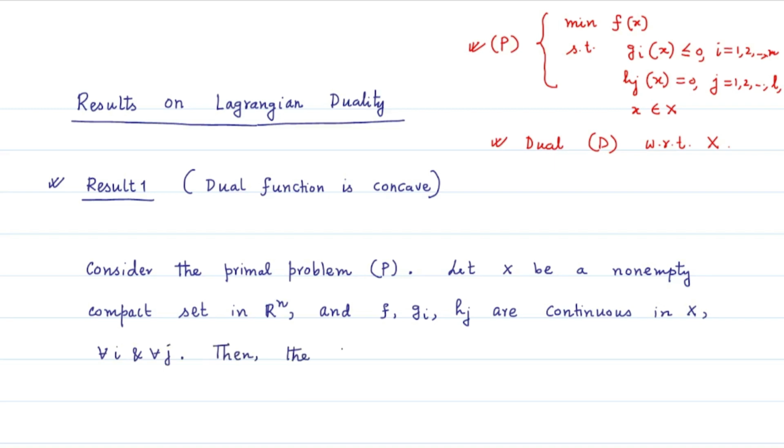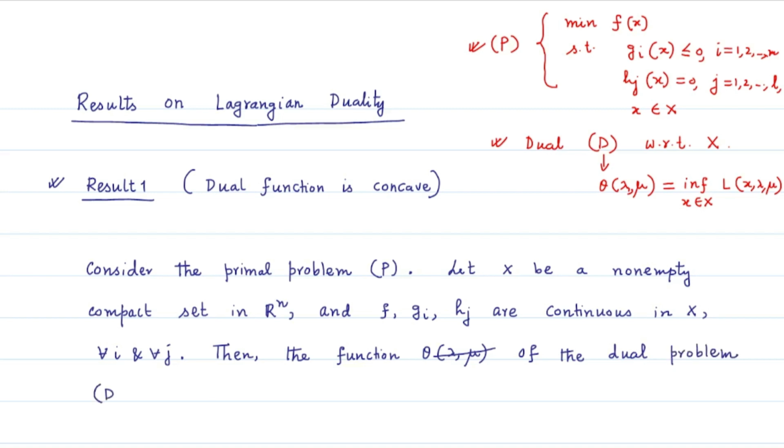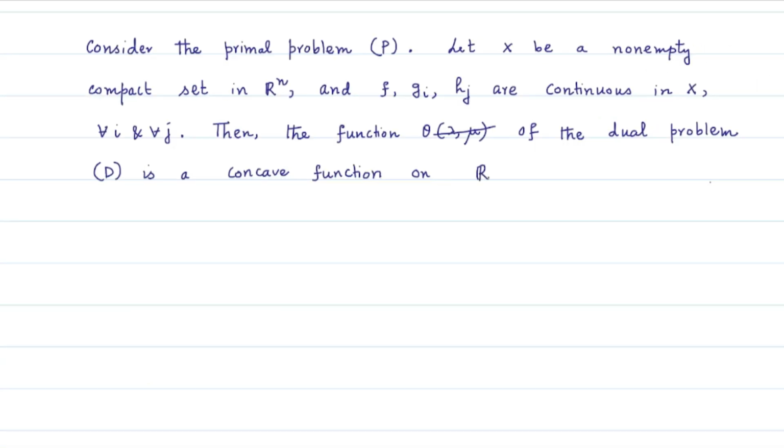Then the objective function of the dual problem, theta(lambda, mu), which is defined, if we recall, as the infimum of the Lagrangian L(x, lambda, mu) over x belonging to capital X, is a concave function on the set R^m cross R^l. To be more precise, theta(lambda, mu) is a value, not a function, so the function theta of the dual problem is concave.